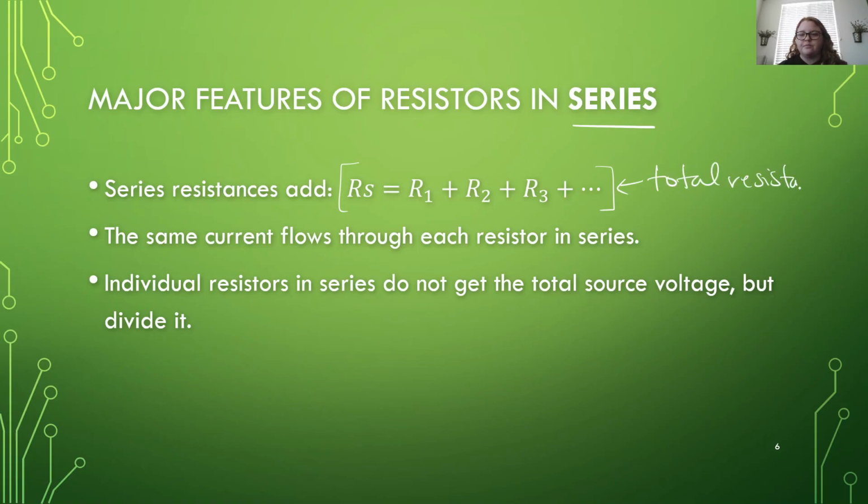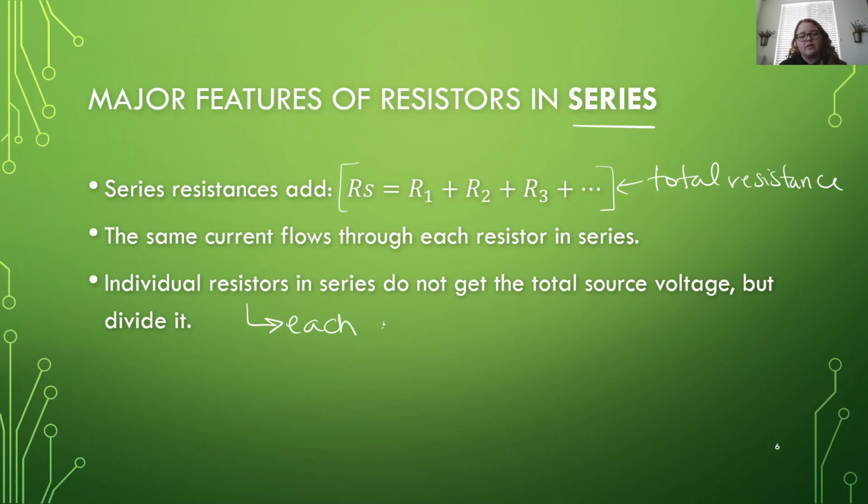The same current flows through each resistor in series. We saw that. And individual resistors in series do not get the total source voltage, but divide it. So it's not that it divides equally, but each resistor will get a portion of that overall voltage. So I should write that down.